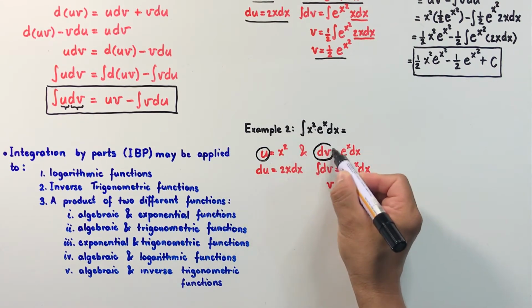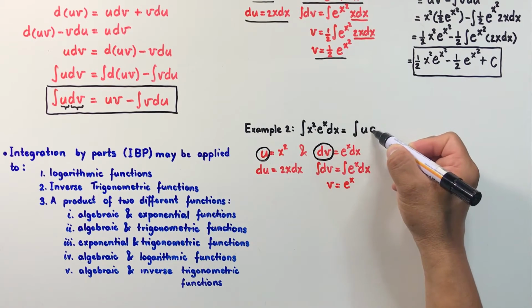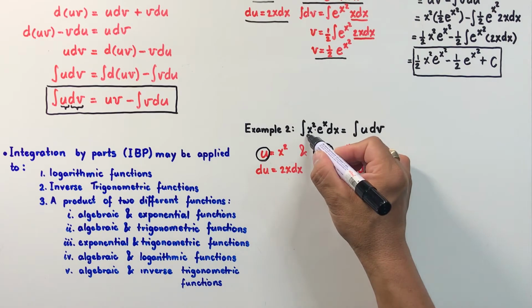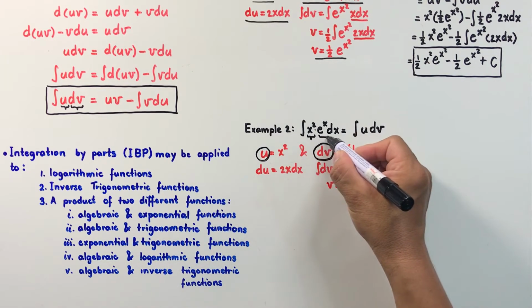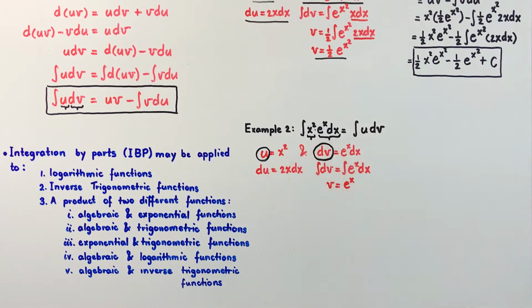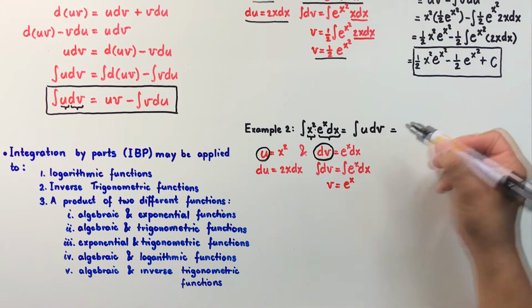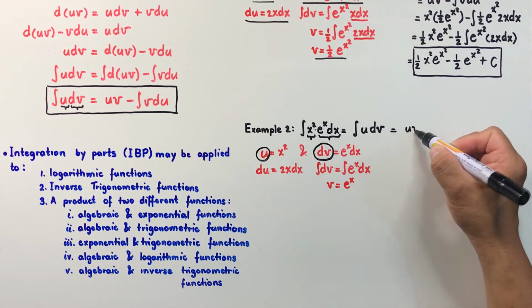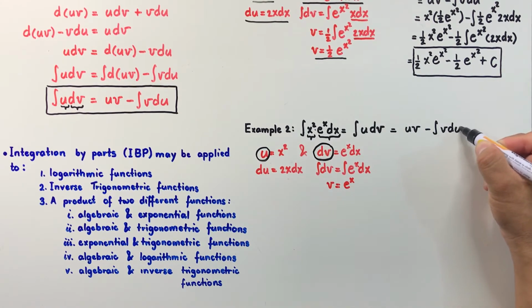So substituting our u part and our dv part here to our integrand, we have the integral of u dv here, wherein our u is this x squared and our dv part is the e to the power x dx. And according to the formula, the integral of u dv is uv minus the integral of v du.